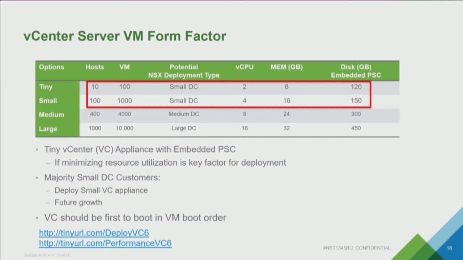But again, my recommendation is to go with at least a small, so that it will give you some headroom. If you want to grow in future, you have options to grow all the way to 100 hosts and 1,000 virtual machines. In terms of footprint, it's not that much. Even with the small, you need 4 vCPUs and 16 gig of memory.